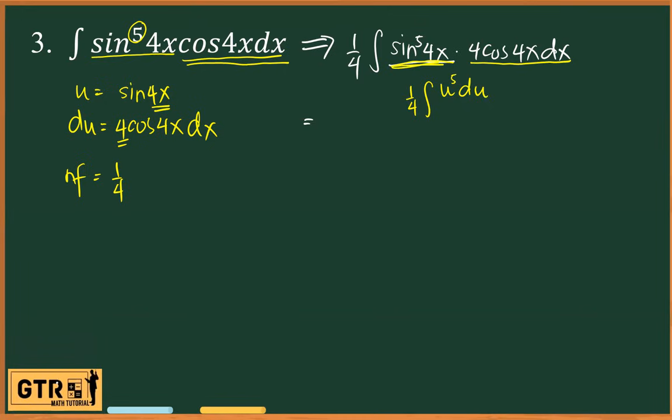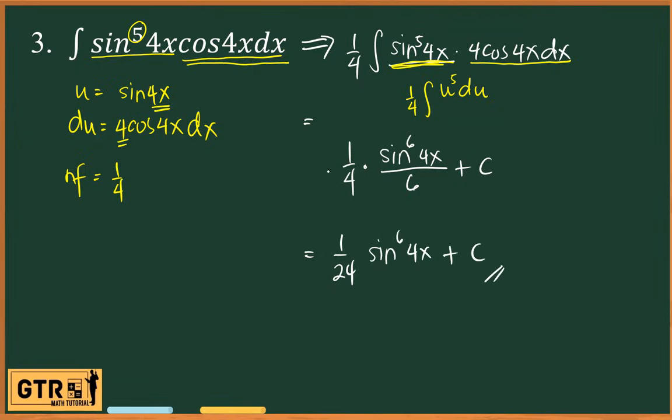Our u is sine 4x, so the answer will be 1/4 times sine 4x to the fifth, add 1, so we have sine to the 6th of 4x over 6 plus c. For the final answer, 4 times 6 is 24, so that is 1/24 sine to the 6th of 4x plus c.